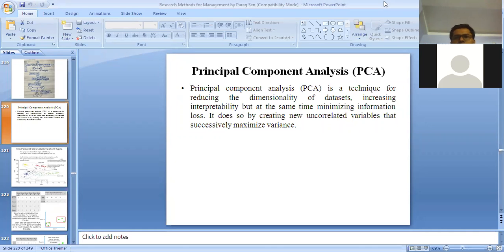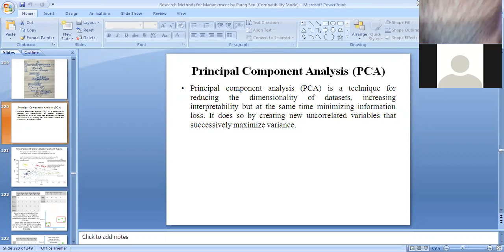Rather, you will find the option called factor analysis, and under factor analysis you will get different options to conduct it, like principal component analysis and principal axis factoring.